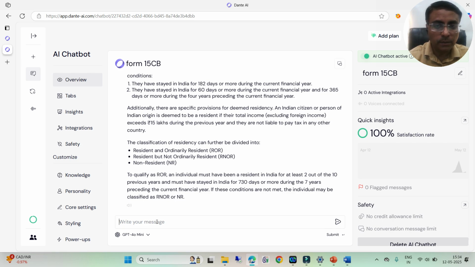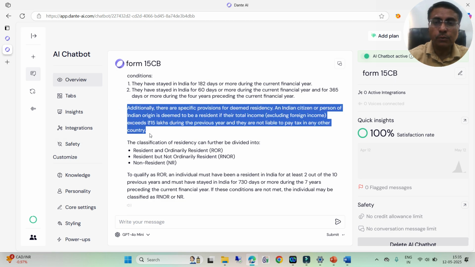Another thing is this AI also discussed this beautifully. Suppose your income from Indian sources is more than 15 lakh and your stay is more than 120 days but less than 182 days, then it is deemed residency. In the same way, if you are a stateless person, it is deemed residency.